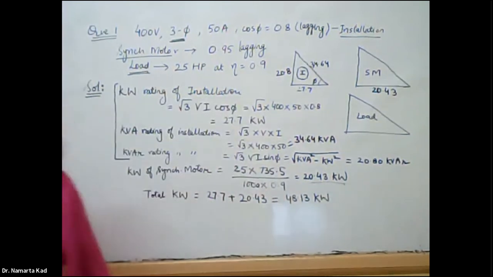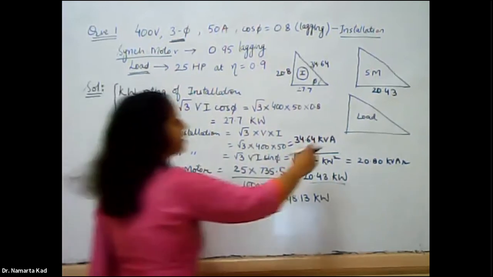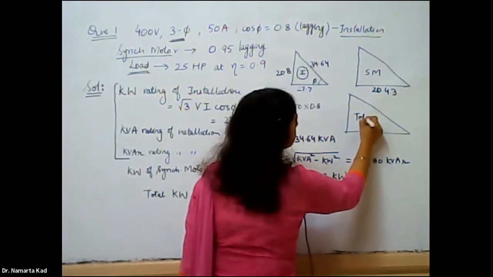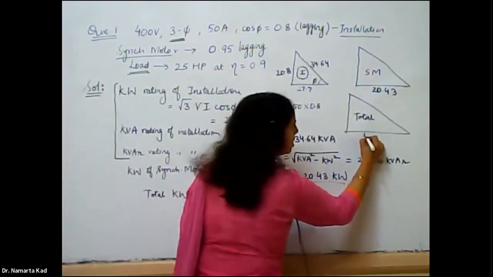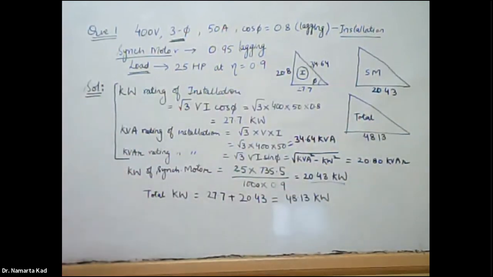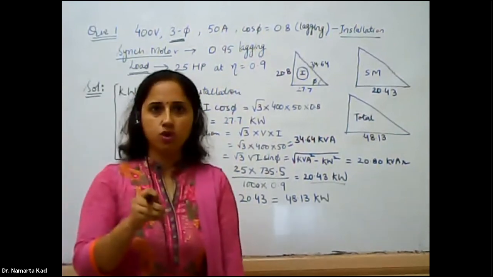So this one is the total kilowatt for the installation. Let us write this in the power triangle as the total, 48.13.